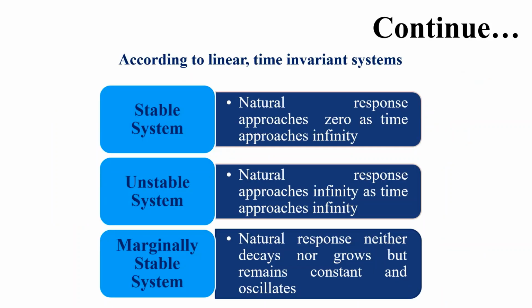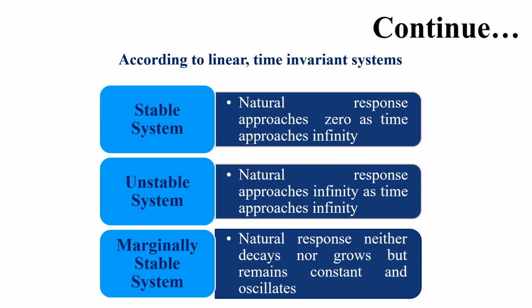According to the linear time invariant systems, stable system, unstable system and marginally stable systems can be defined as follows. If the natural response approaches 0 as time approaches infinity, then the system is called stable system.